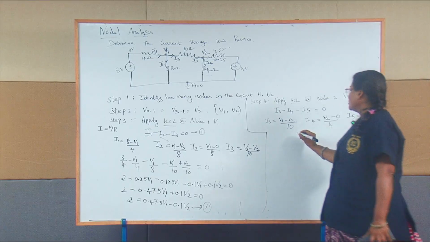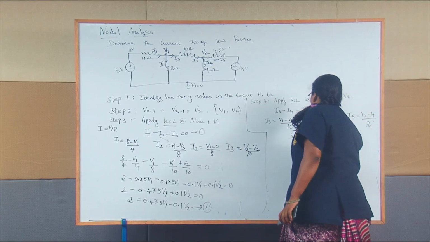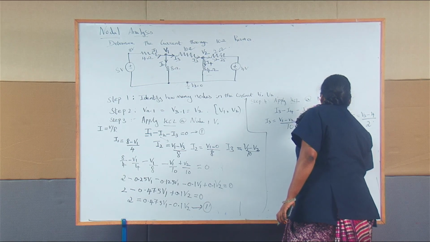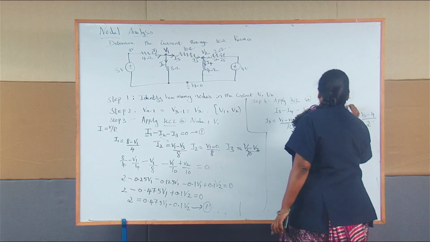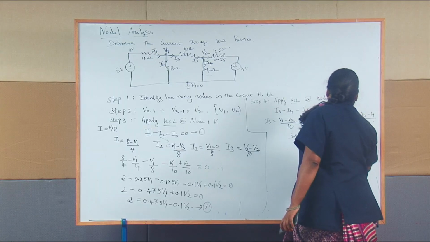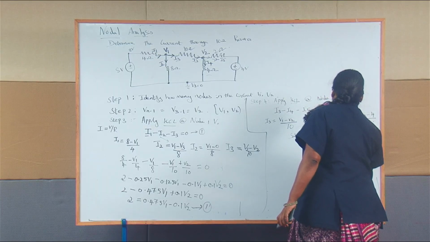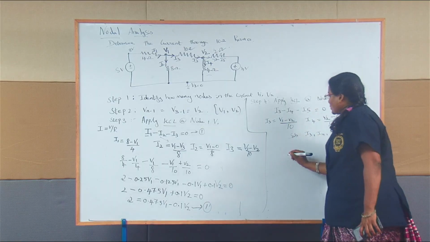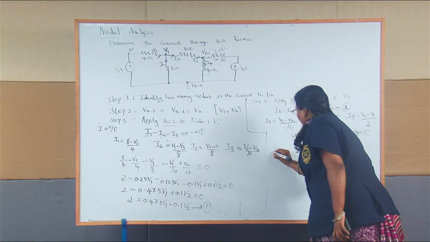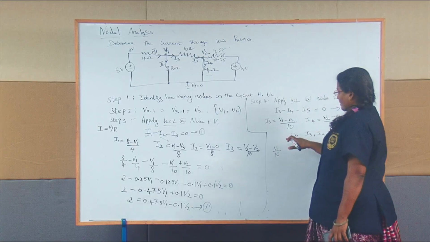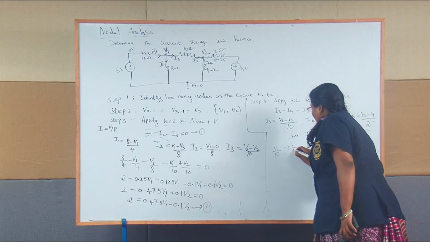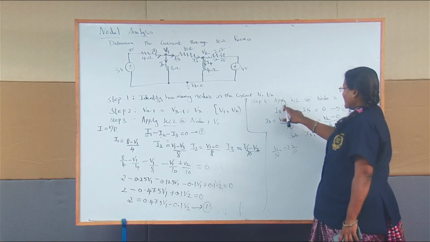You just substitute I3, I4, I5 in equation 2. So, I3 is V1 by 10 minus V2 by 10.